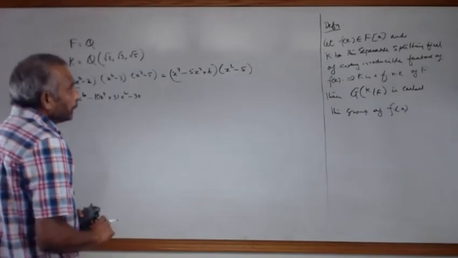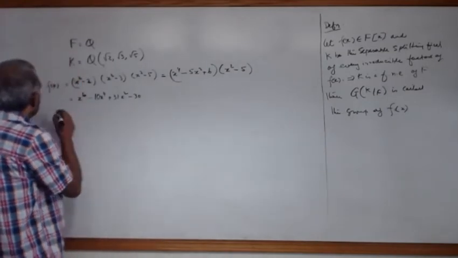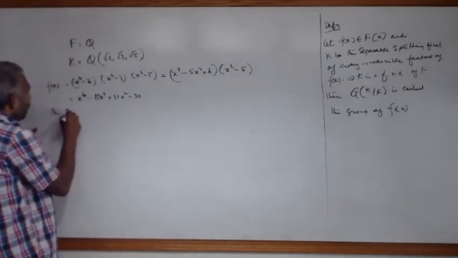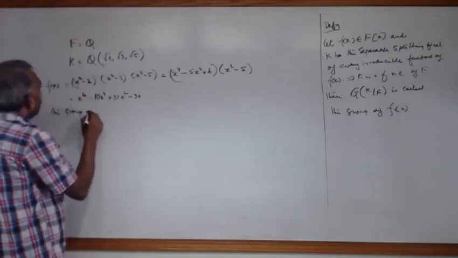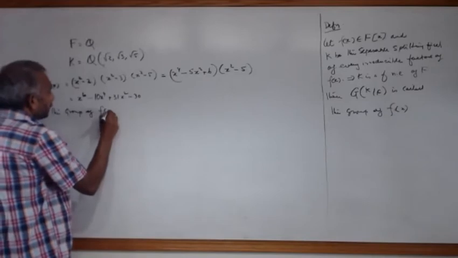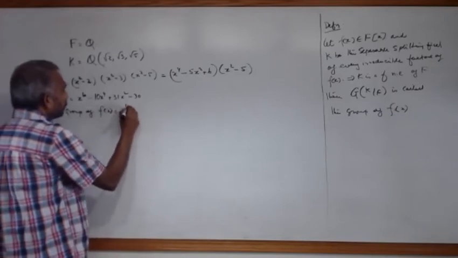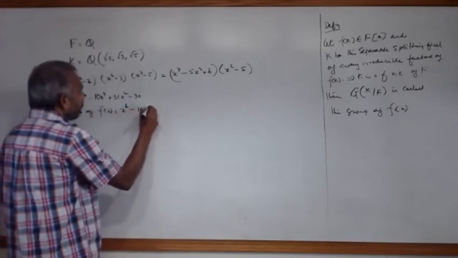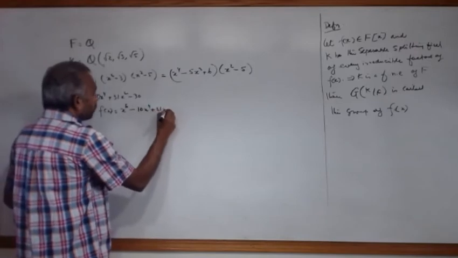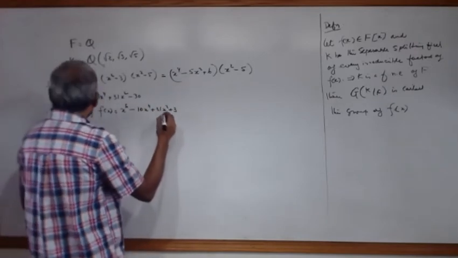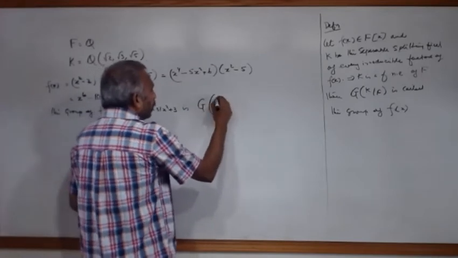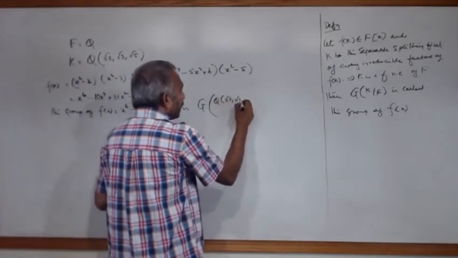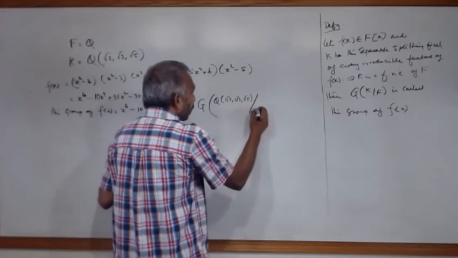So the group of f of x equal to x to the power of 6 minus 10x to the power of 4 plus 31x squared minus 30 is the group of Q of root 2, root 3, root 5 over Q.